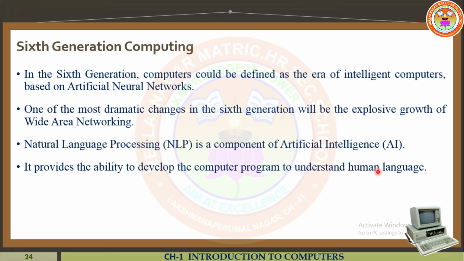How is it possible? Because natural language is included in the system and it performs in a very easy way to understand our human language also. Using human language we can apply it to sixth generation computers. So this is another important piece of information about sixth generation computing.